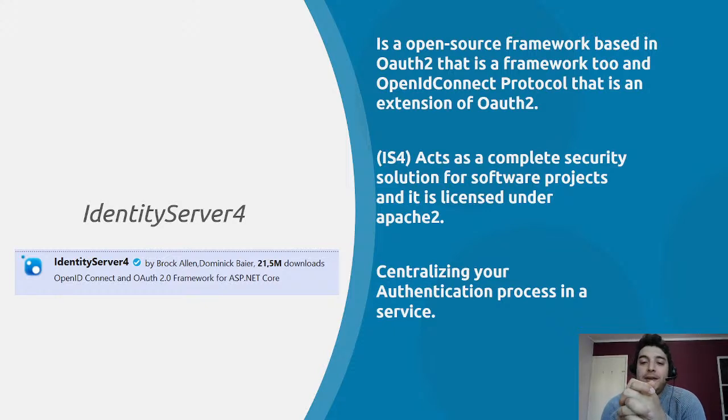And OpenID Connect is an internet protocol, and we will install it as a NuGet package in our projects and use it as a tool. There is IdentityServer4. We install a NuGet package, and it acts as a complete security solution for our software project, and it is licensed under Apache 2.